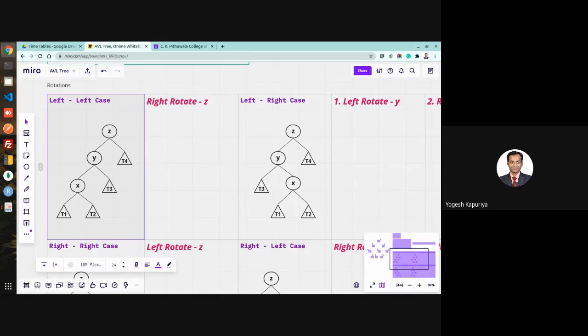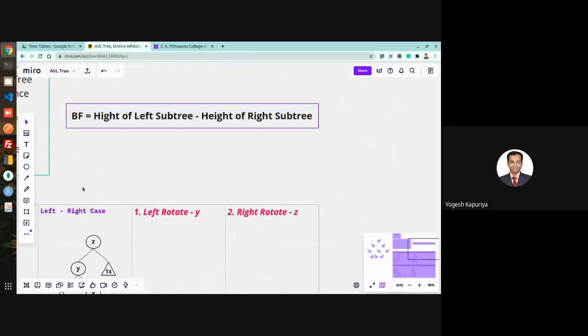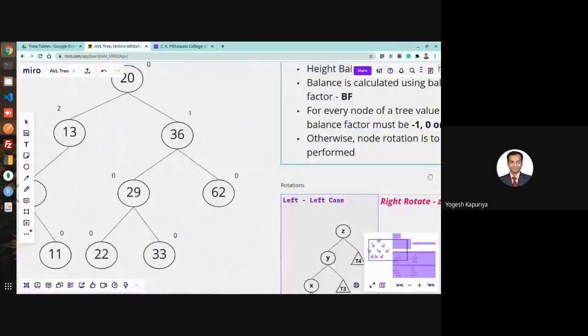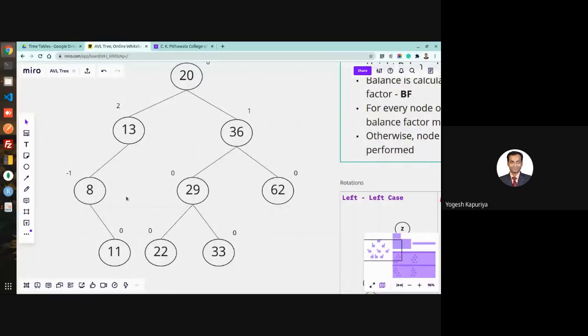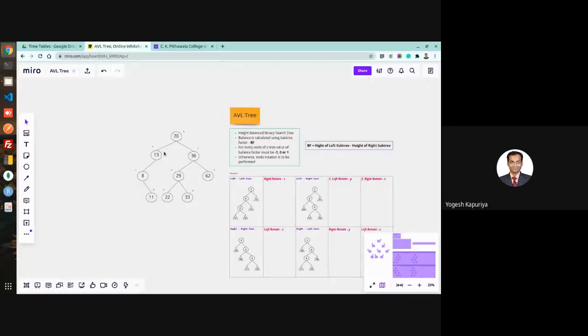So when you go inside, basically we have inserted, remember, we are inserting a node X value. Whenever we are performing insertion, let's say we are inserting some value, let's say it's 34.